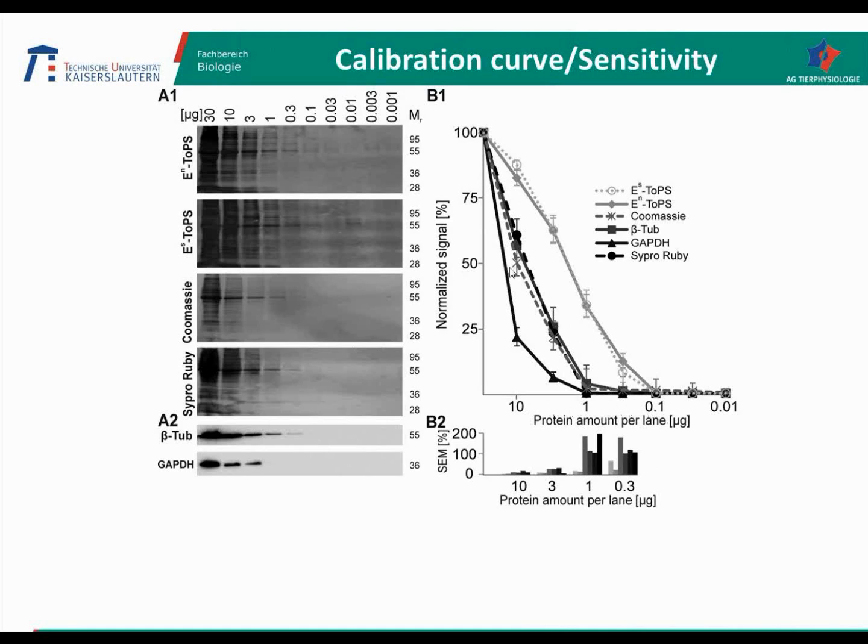The other stainings decline faster and then disappear earlier. Earlier means at protein amounts in this range between 0.1 and 1 microgram total protein. It disappears here somewhere in the background.